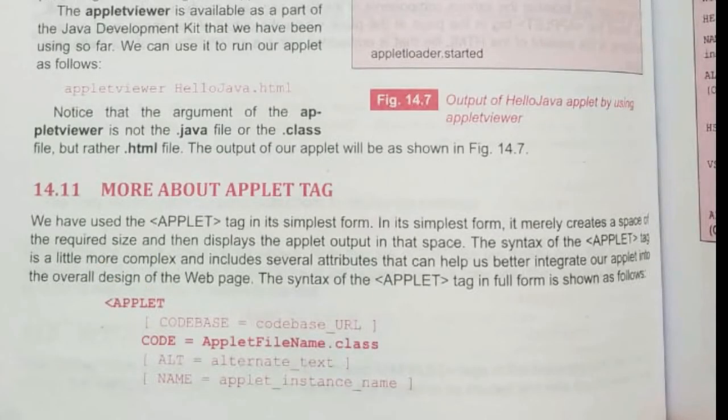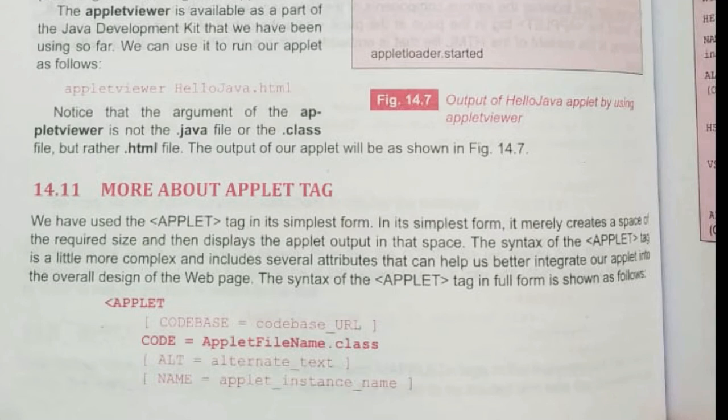More about applet tag. We have used the applet tag in its simplest form. In its simplest form, it merely creates a space of the required size and then displays the applet output in the space. The syntax of the applet tag is a little more complex and includes several attributes that can help us better integrate our applet into the overall design of the web page.